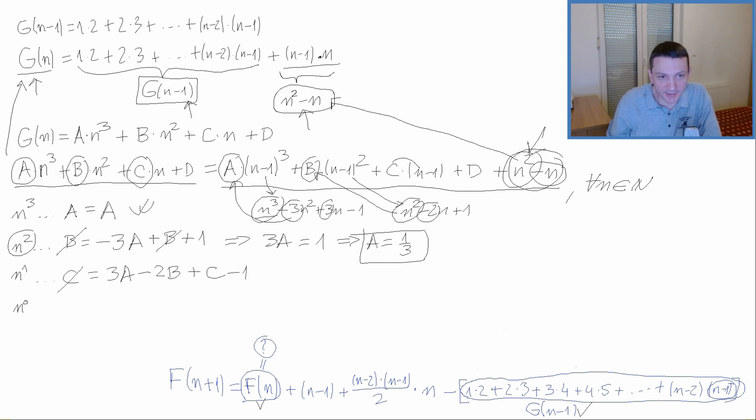We can cancel c and c, and we can use that a is 1/3. So this 3a is actually equal to 1, and actually we obtain that 2b is equal to 0. 1 minus 1 cancels, and we finally obtain that b is equal to 0.